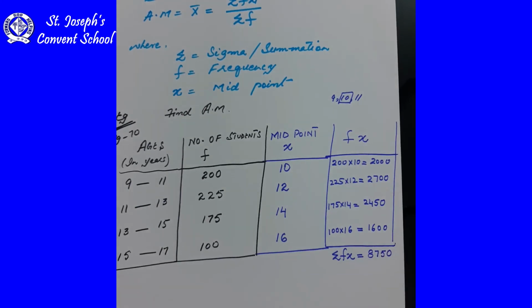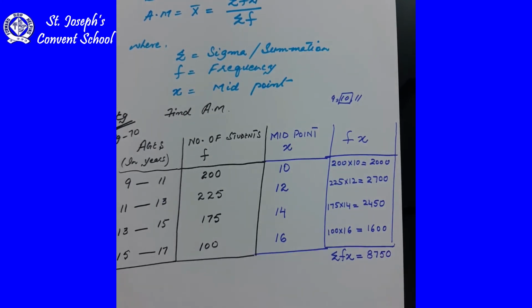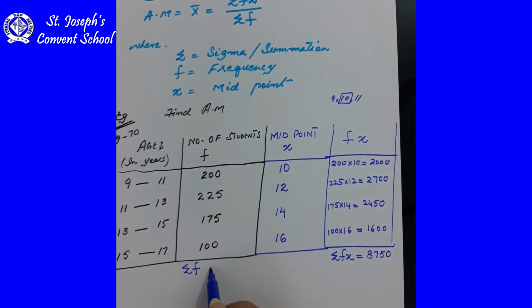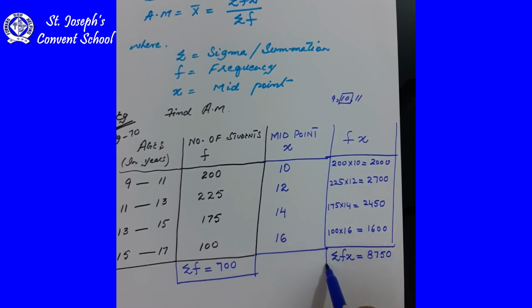You will find the total of the f column also. Sigma f means the sum of this column, which is equal to 700. So the total of the frequency column and the total of the fx column, these two totals you are going to find.